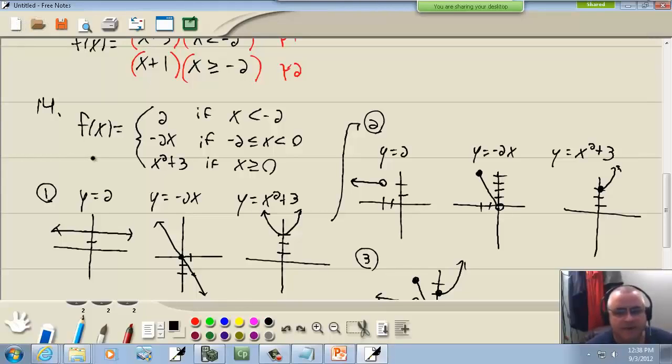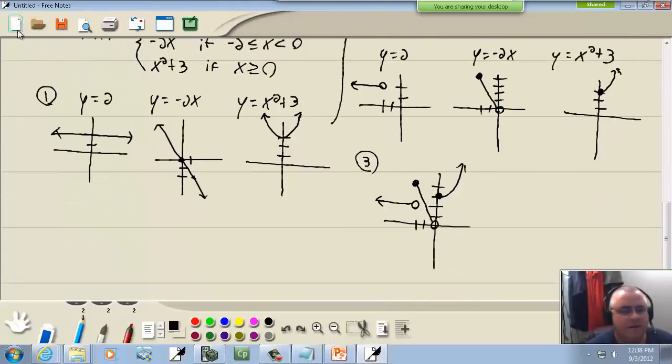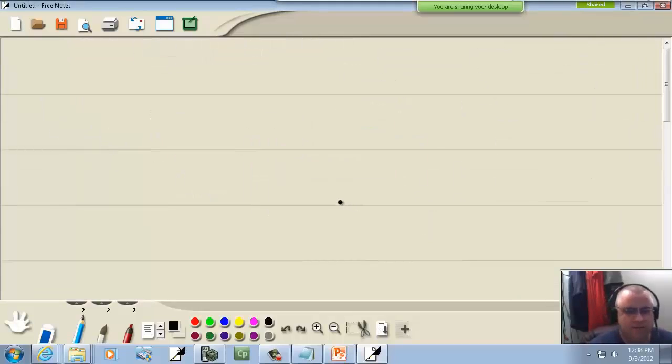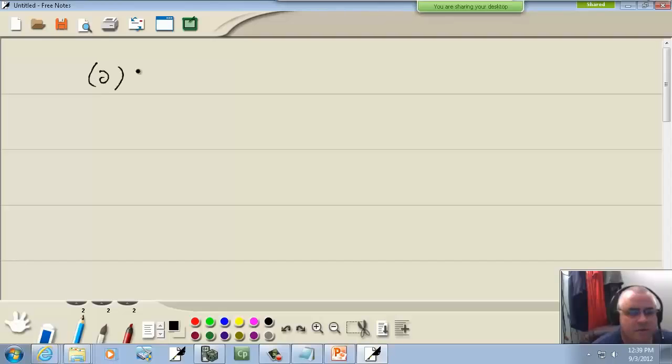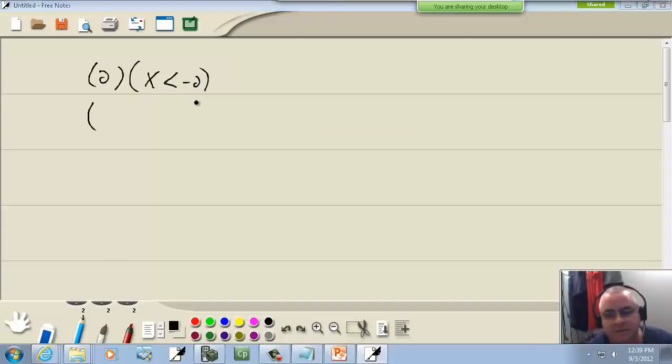I'm out of space. So I got 2, and this will be x is less than negative 2. And notice I put parentheses around 2, and I put parentheses around x is less than negative 2.